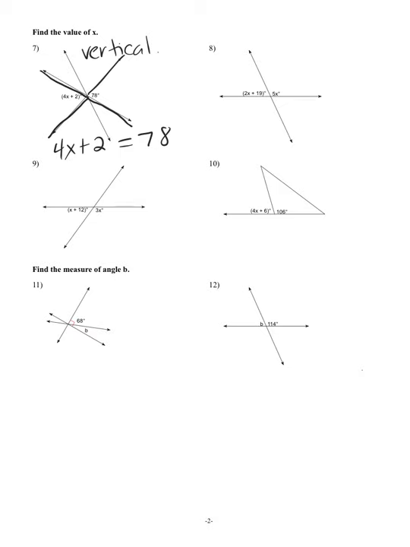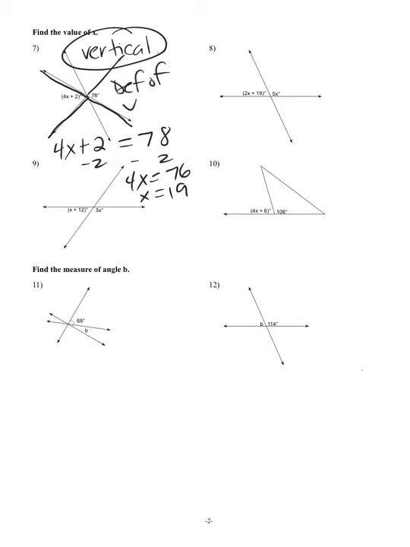How do you think I solve for x now? Isolate the variable. So you get 4x equals 76. And then divide 76 by 4. So x would be 19. This is the rule, because of the definition of vertical angles.